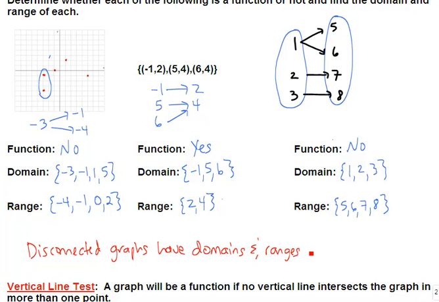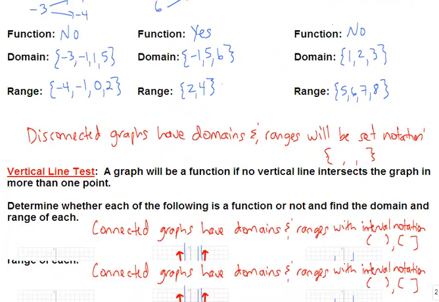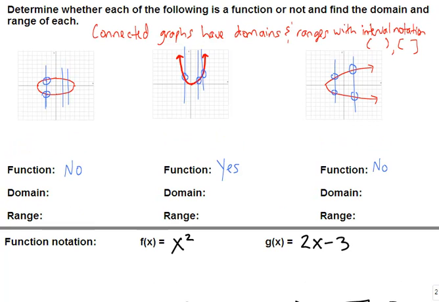So your domains and ranges will be sets. And you're going to want to use set notation. So that's with the curly braces, and you just make a list of points. Okay? So we already did that up here using set notation. Let's go down here and try our interval notation.